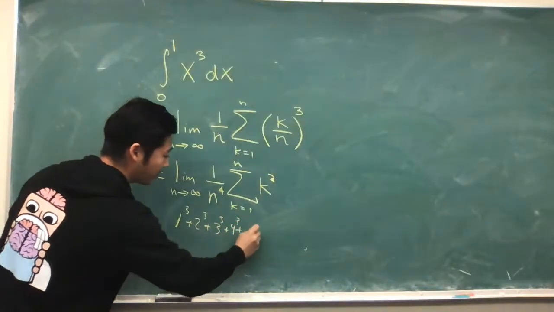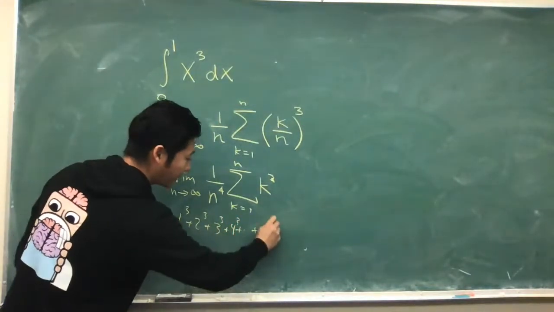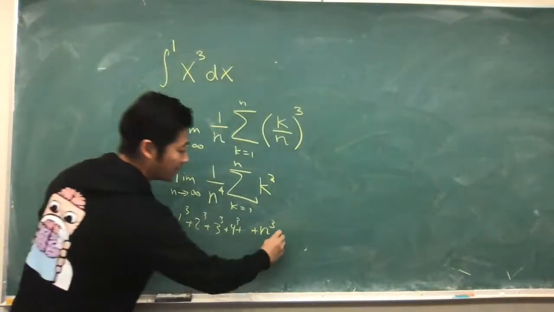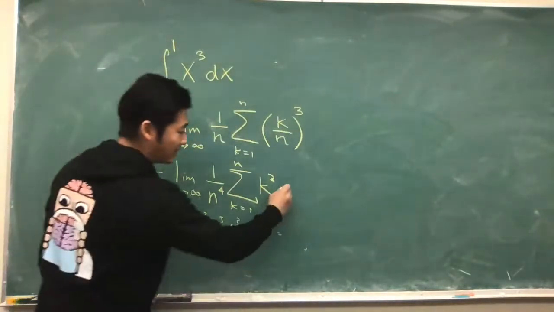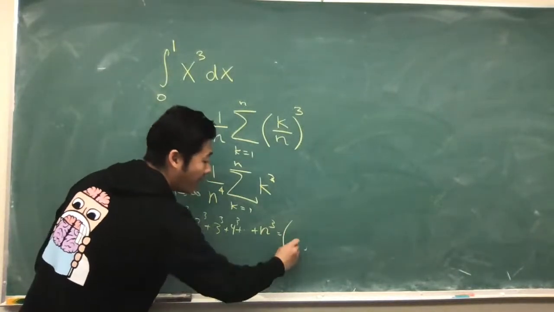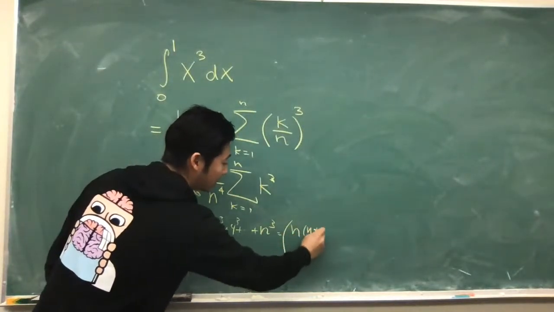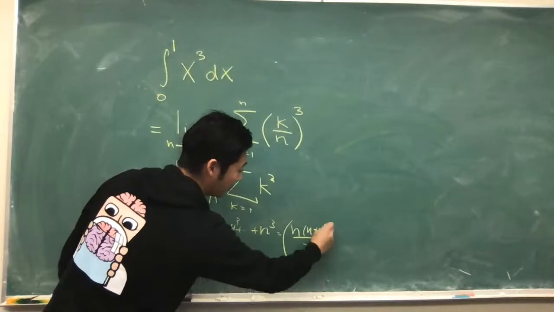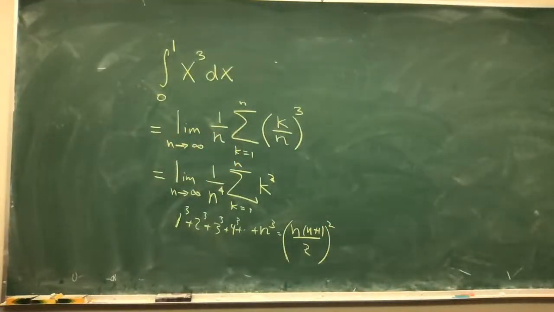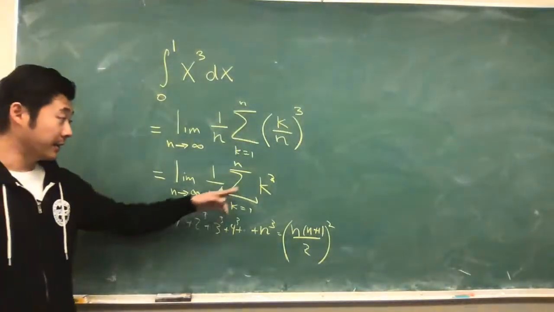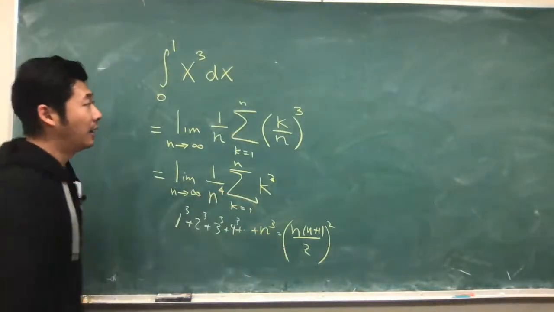The sum of cubes up to n is given by this formula. It's given by n times n plus 1 all over 2, and then squared. So just replace this with this expression.